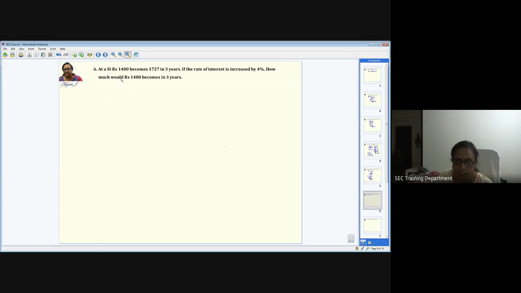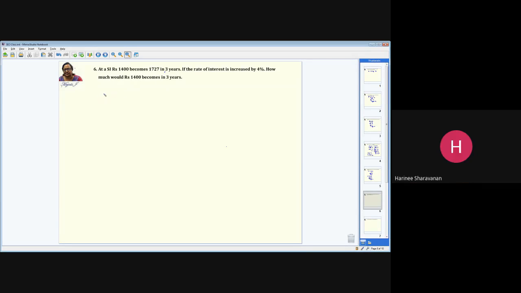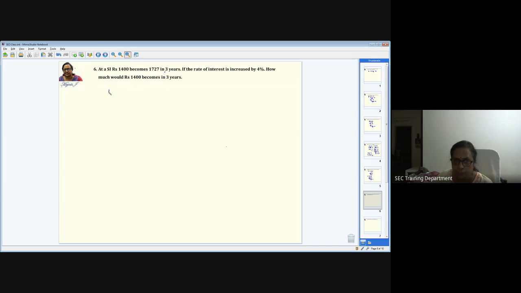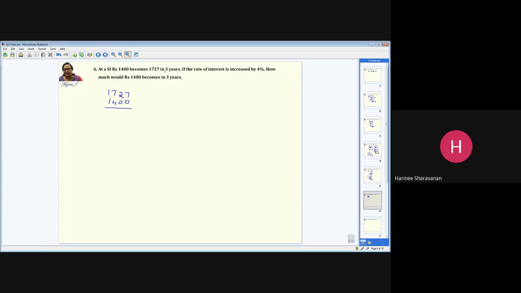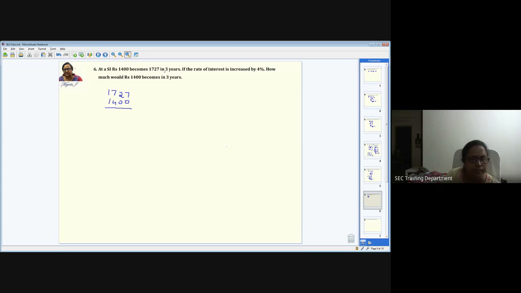Either way you can do it. You can just consider this and find out the rate of interest by putting PNR by 100, or else you just take the difference. 1727 is the sum after 3 years, and 1400 is the principal. So how much is the interest?